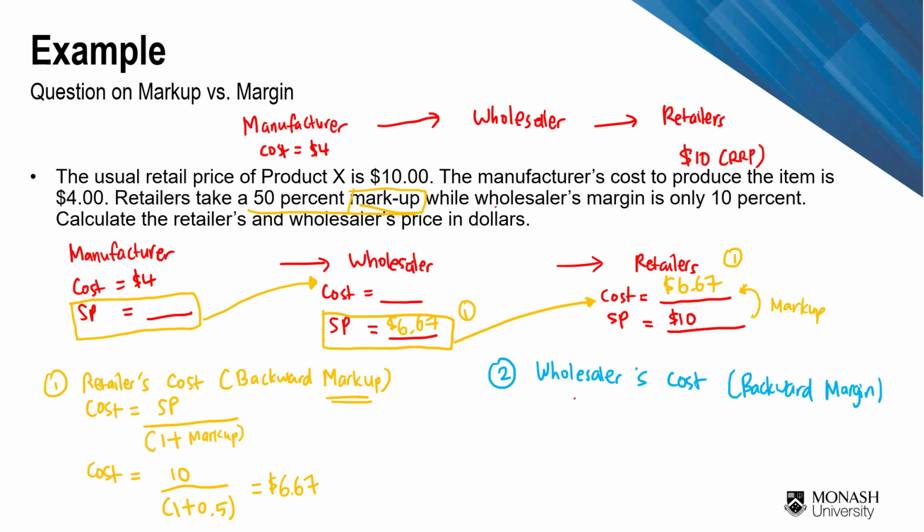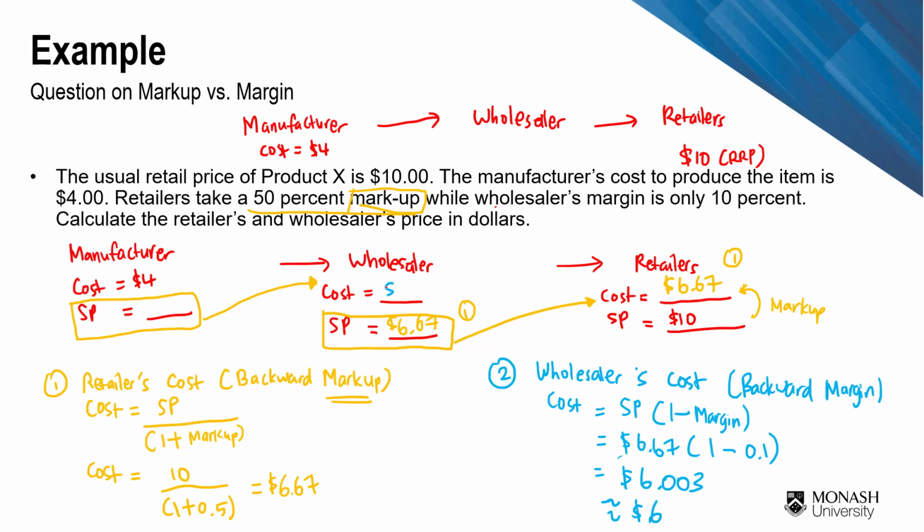In the backward margin, the cost will be SP times bracket 1 minus margin. So in this case, $6.67 times bracket 1 minus 0.1. So because of that, that will be $6.003. So approximately you can call it $6. So this is going to be $6, and this is going to be $6 as well. So this is number 2 and number 2.